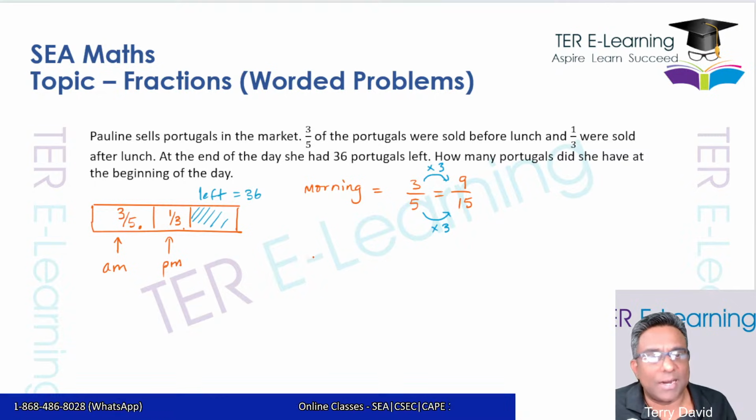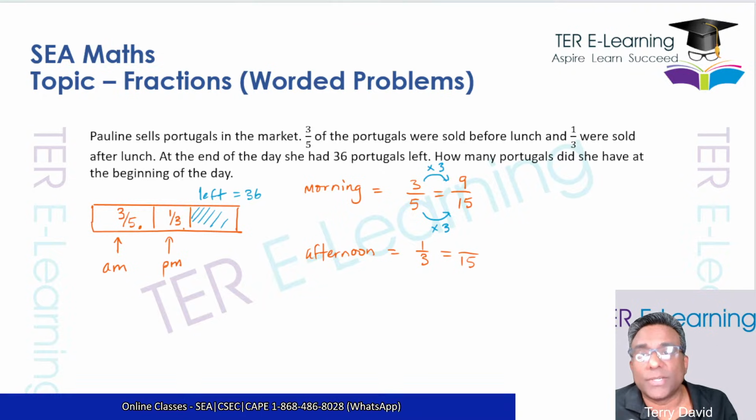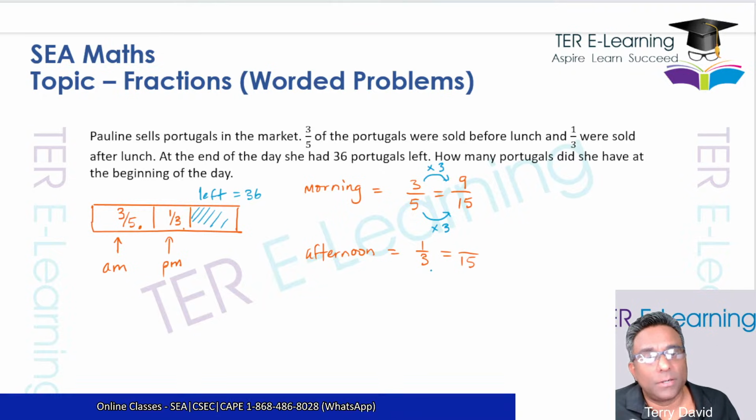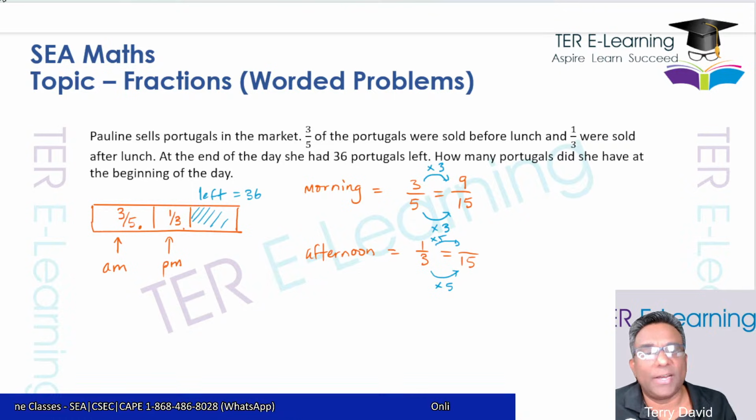And in the afternoon, we have 1/3. Let's write 1/3 as an equivalent fraction over 15. 3 times 5 gives us 15. We do the same thing on top, multiply by 5, so 1 times 5 gives us 5.